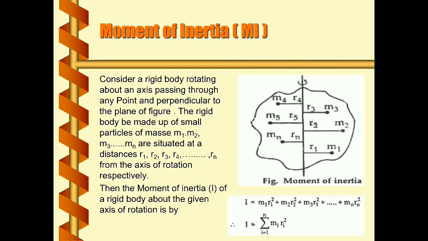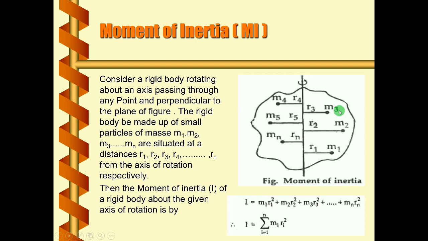Similarly, consider the moment of inertia of a rigid body. Suppose we consider a large number of particles, n particles of the body, with different masses m1, m2, m3, m4, up to mn. These are the masses of the particles of the body. The distances of these masses from the axis of rotation are r1, r2, r3, likewise rn.